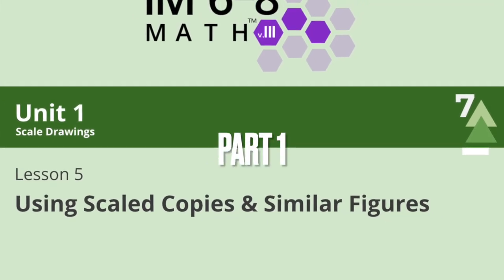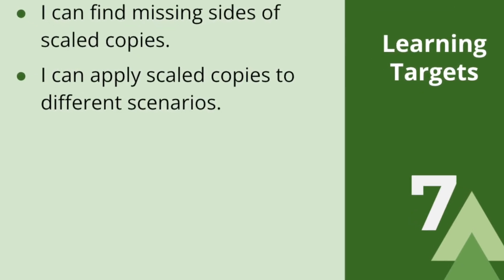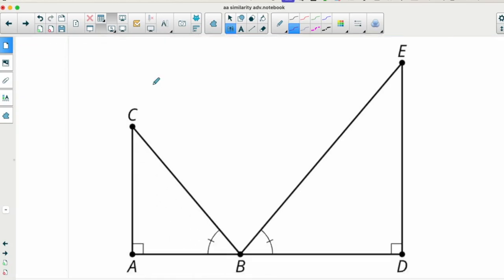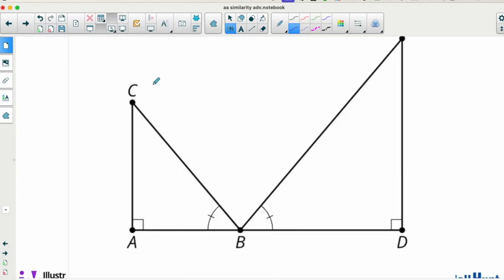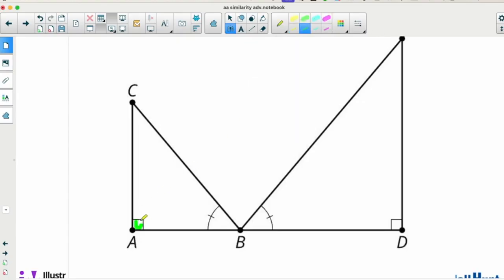So today we're looking at some applications of scaled copies, especially with triangles. We started by looking at these two triangles and what do we notice and what do we wonder? We noticed that both of them had a 90-degree angle.